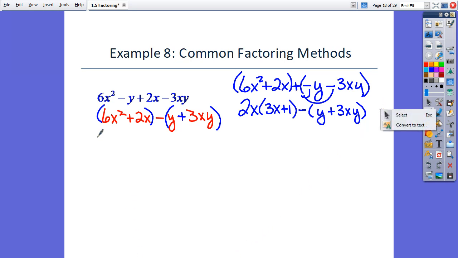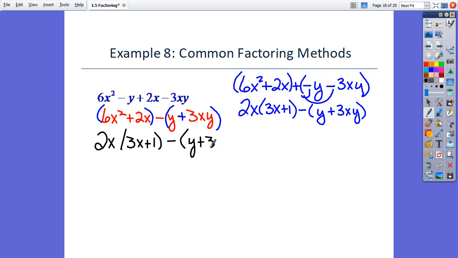I'm going to go ahead and factor out that 2x like I did over on the right-hand side. And then over on this one, there's nothing to factor out. But remember, what's in front of the bubble is a 1. And so if it helps, put a little -1 if it helps you.